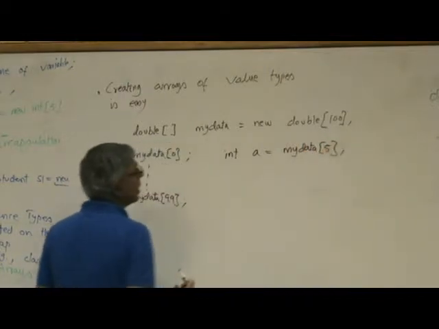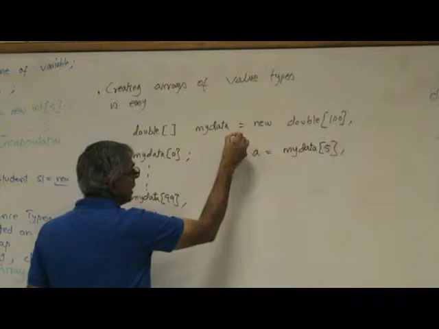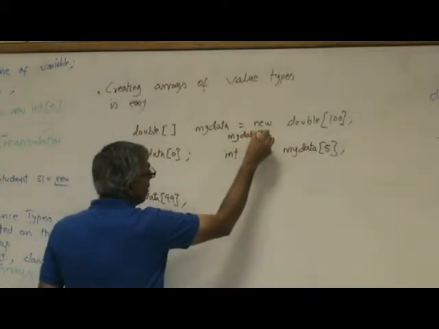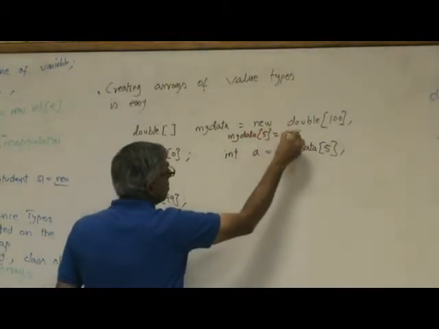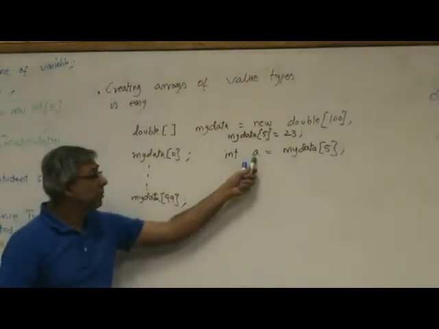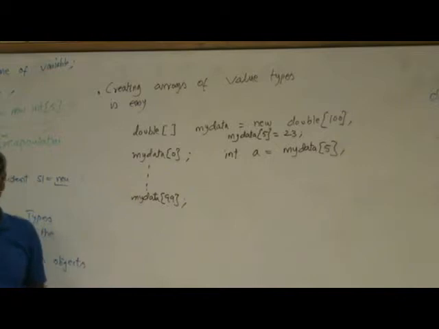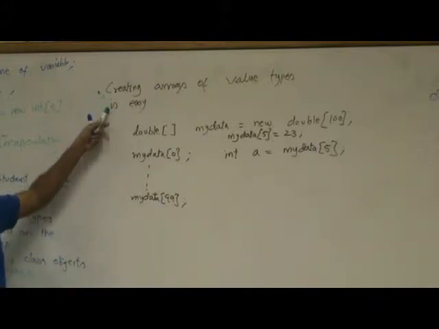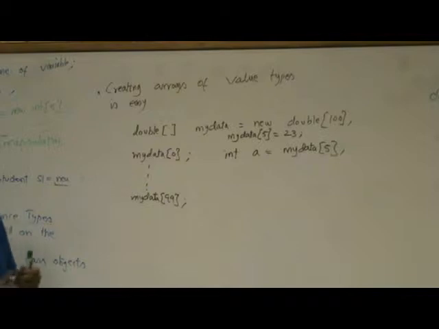If in my data of 5 you had stored 23, what will be read into the variable A? 23. It's very easy to read or write the data to the array once you create the memory for it. Like I said, creating arrays of value types is easy.